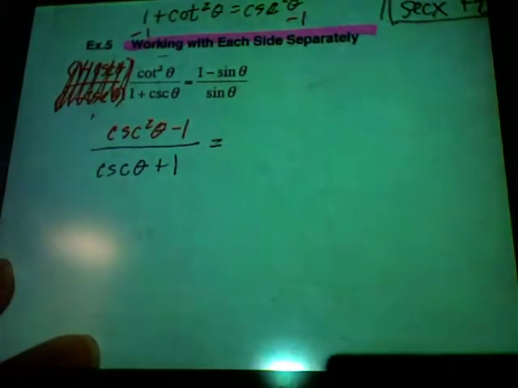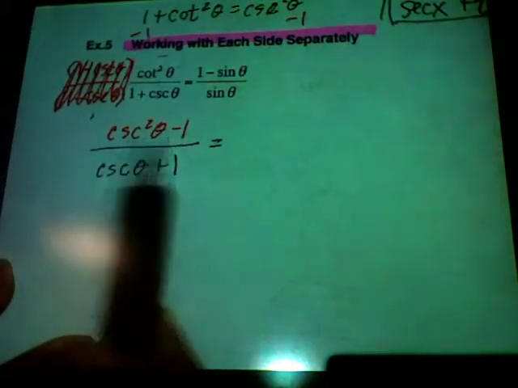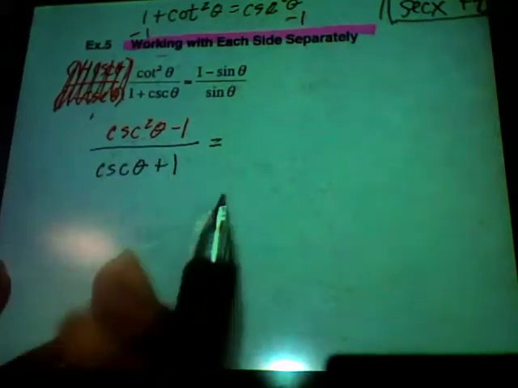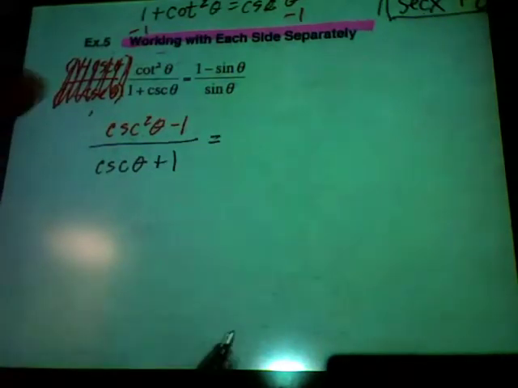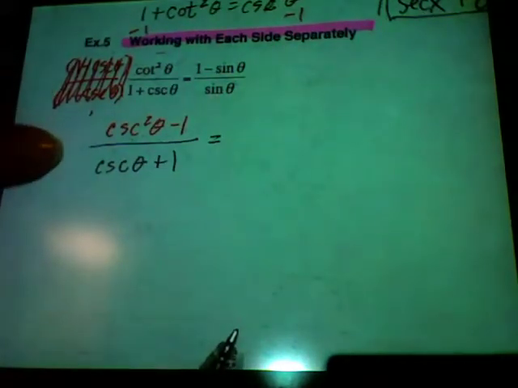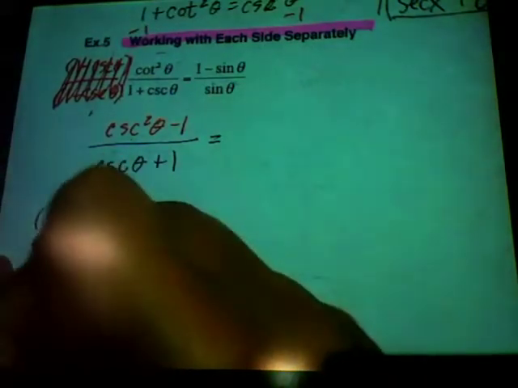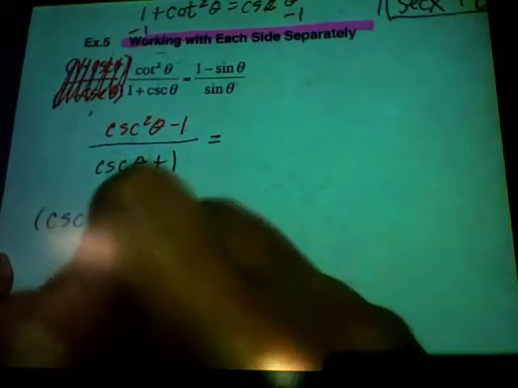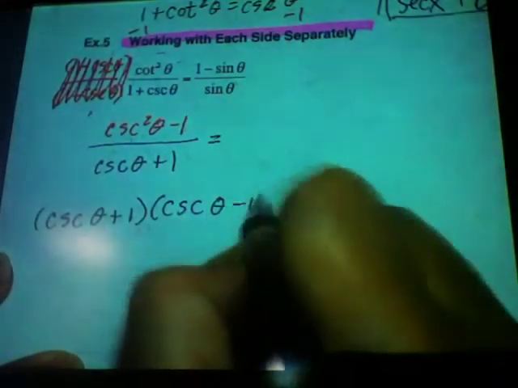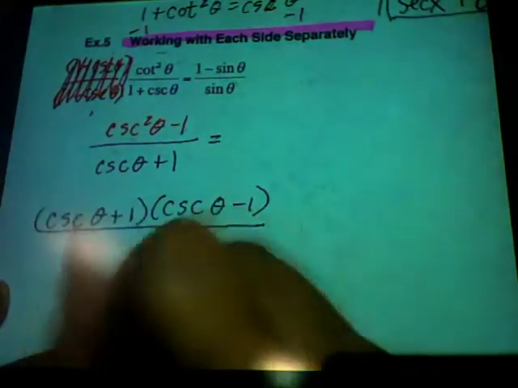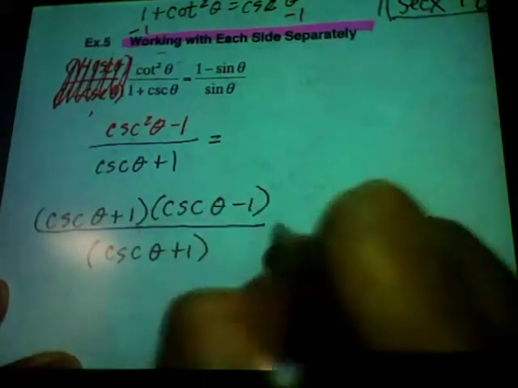Do you see the reason for my madness? This is the difference of two squares factor pattern, isn't it? So sometimes you want to ponder your options before you move along. We could have done up here the conjugate, but this is actually an easier path, isn't it? So factor this. Won't you have cosecant of theta plus 1 and cosecant of theta minus 1, all over, I'm going to put this in parentheses, cosecant of theta plus 1.